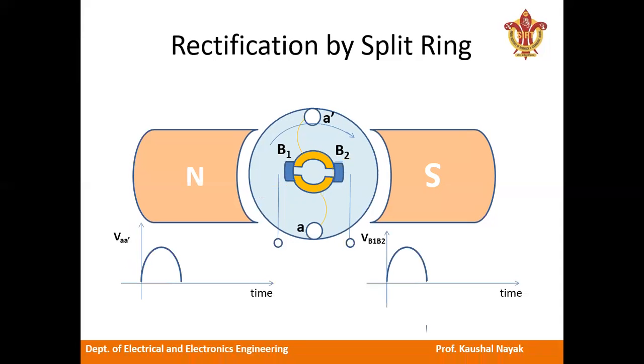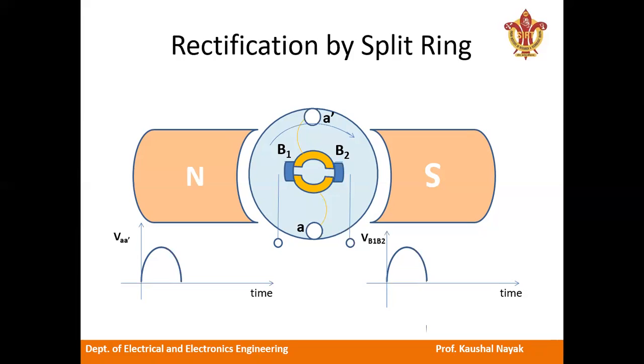The positive half of the voltage obtained across the brushes is the same as the voltage received across the armature terminals.